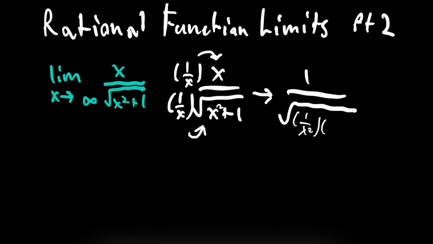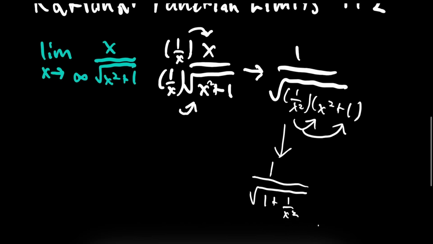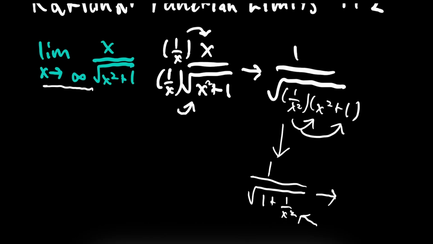I forgot to put that there. And if we distribute this into here and into here, we're going to get 1 over the square root of 1 plus 1 over x squared. We know straight away that this is going to approach 0 as x approaches infinity. So you can ignore this term again, and this will become 1 over the square root of 1, which will be 1.